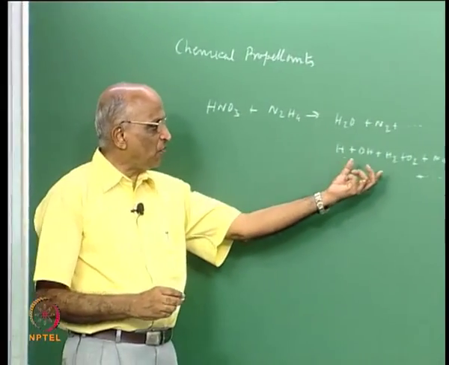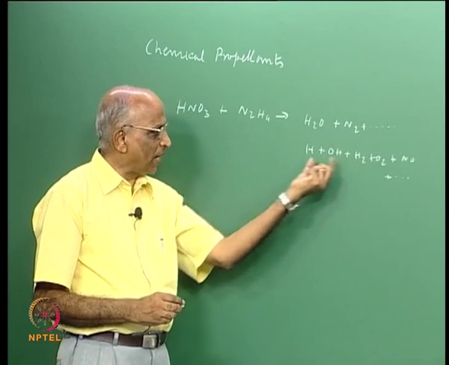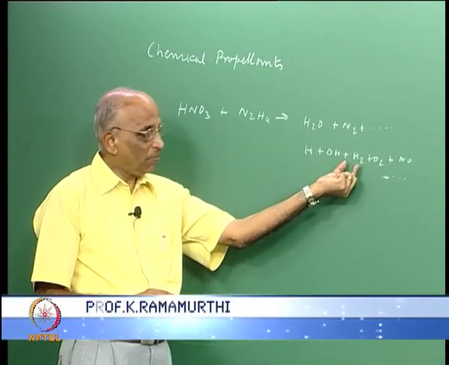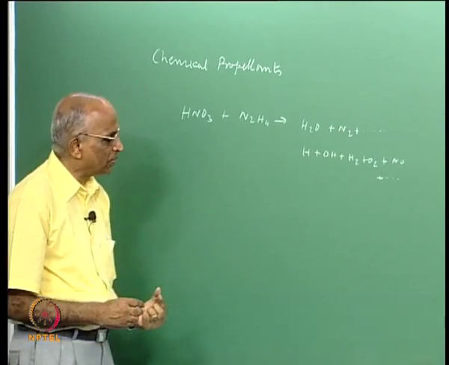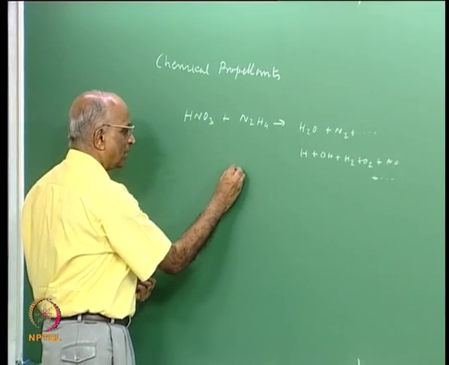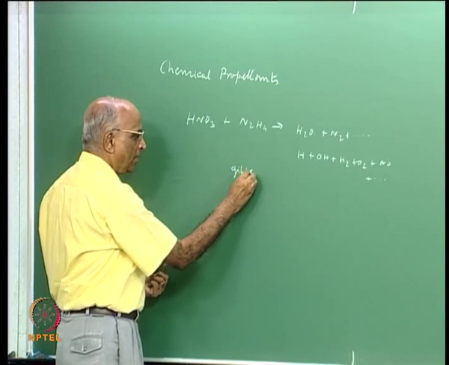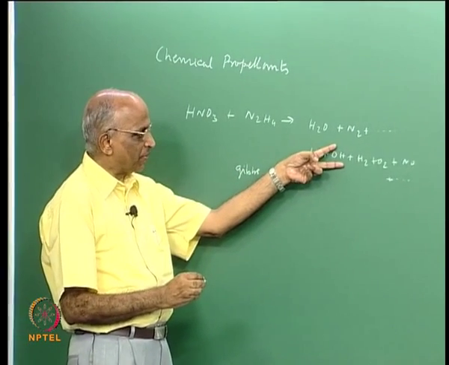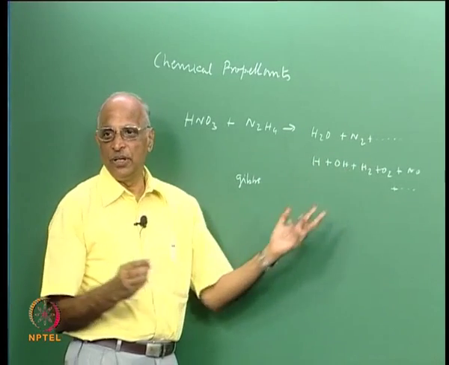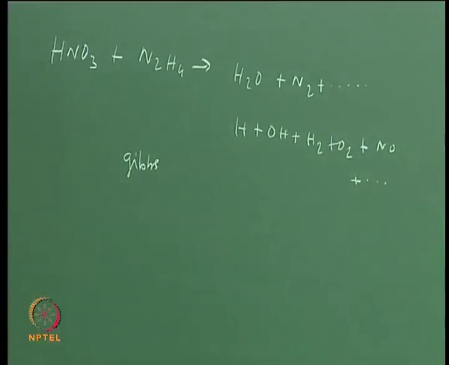Therefore, to be able to find out the products and their moles in the products, that means the concentration of the different species in the products, we define something known as Gibbs free energy, and for a given temperature, which would be the flame temperature at the given pressure, we said all these things will be in equilibrium, and that is what we were trying to do.